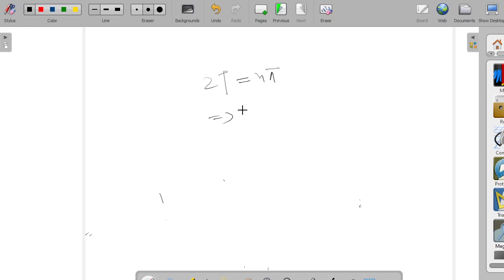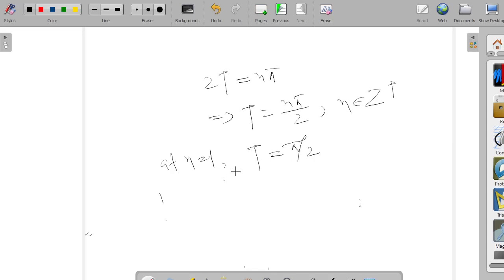That implies t equals n pi by 2, where n is a positive integer. Now we need to place a check. At n equals 1, we have t equals pi by 2, and consecutively we will check one by one for n equals 1, 2, 3, etc. until the equation gets satisfied.